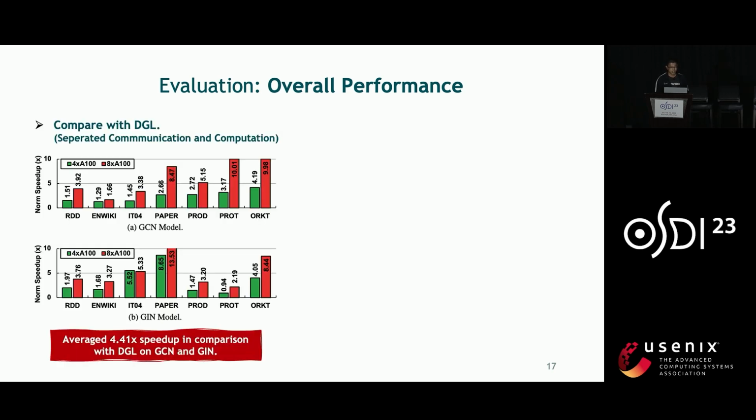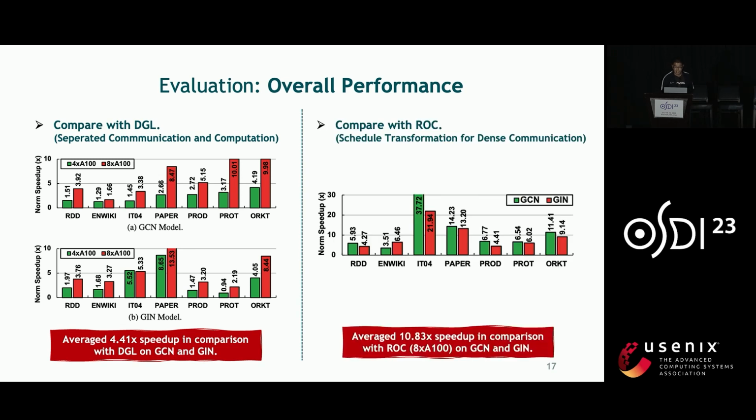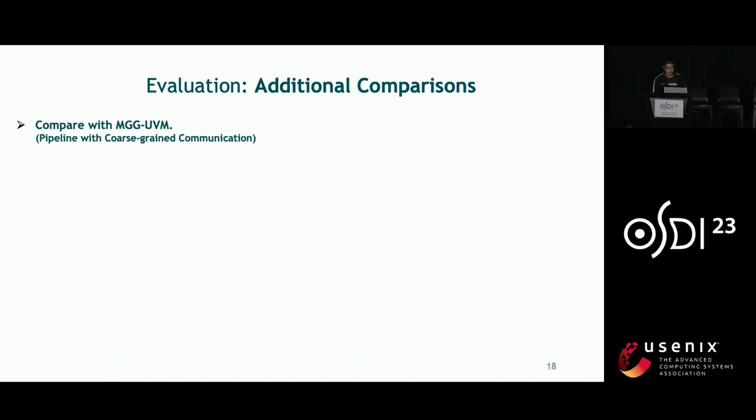Overall, our design achieved a 4.4 times speedup on average in comparison with DGL, and also 10 times speedup compared with ROC on the GCN and GIN on average. The overall trend here is that our design demonstrates a higher speedup on larger and sparser graphs compared to these baselines, which generally suffer from the coarse-grained data movement and also the constant GPU-host involvement.